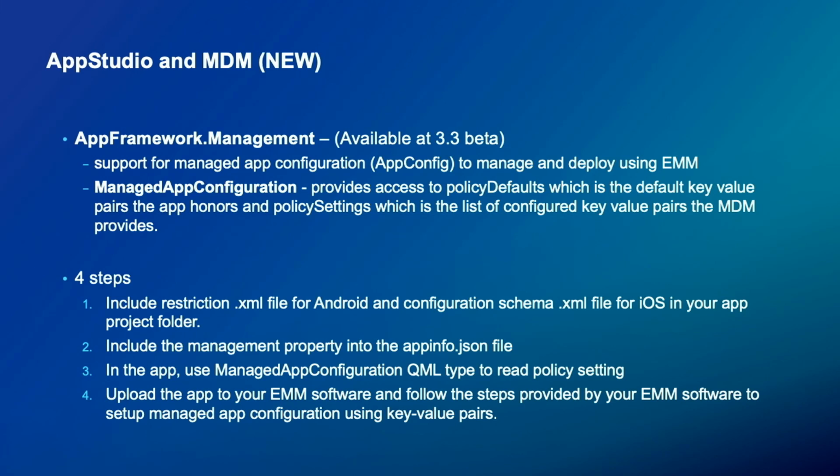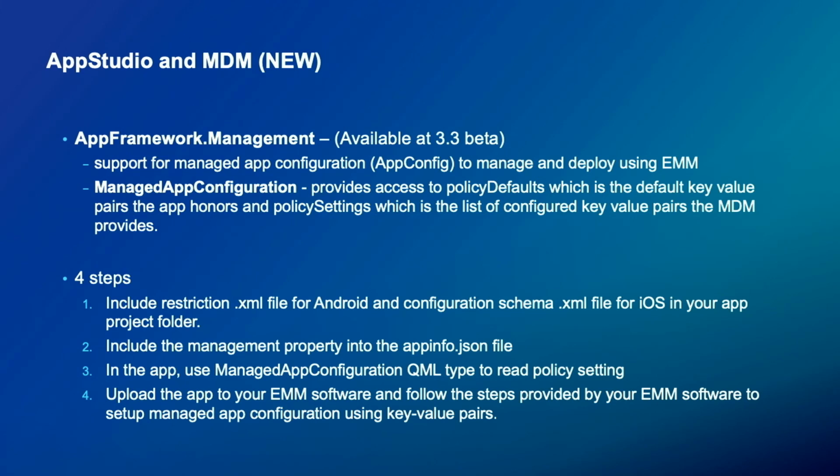So basically that's what you need to do. You need to import that module and then work with this managed app configuration object to understand and listen if the MDM is trying to tell you something. Because MDM will open and somebody will open the dashboard and your app is already installed on 1,000 devices. Somebody will say, from now on, this kind of apps should only do this X. They'll just do a checkbox and they'll say save.